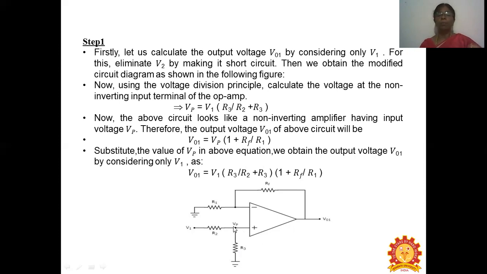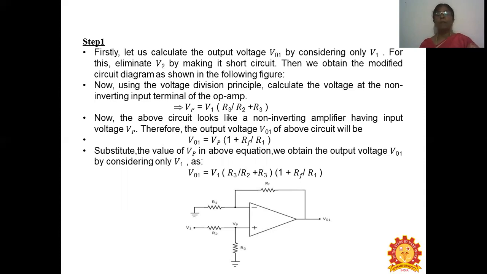That is nothing but Vp, which is equal to V1 into R3 by R2 plus R3. So the circuit looks like a non-inverting amplifier having input voltage Vp, because we have connected the original input voltage V1 to the non-inverting terminal of the operational amplifier circuit.